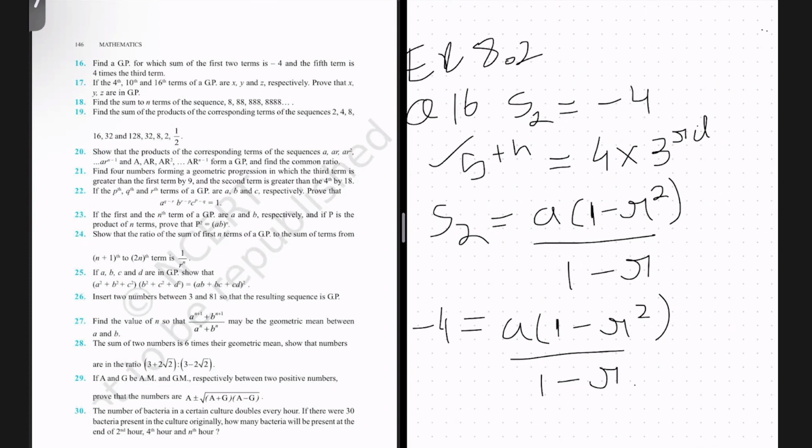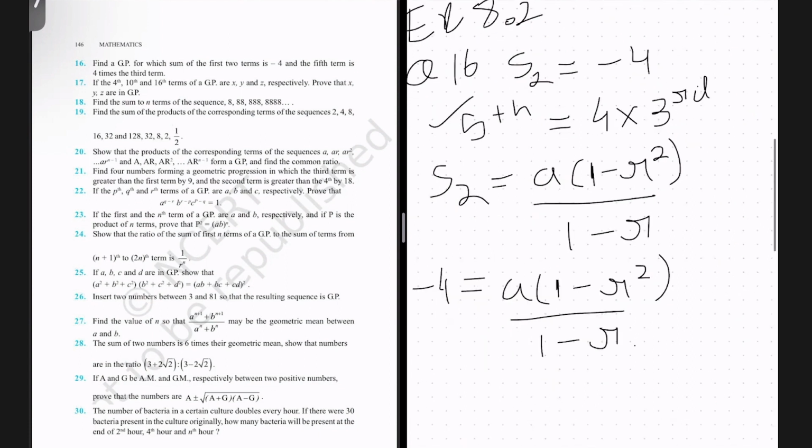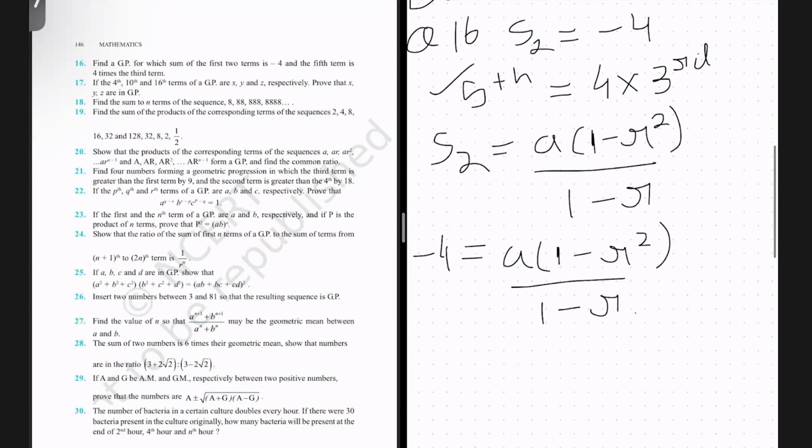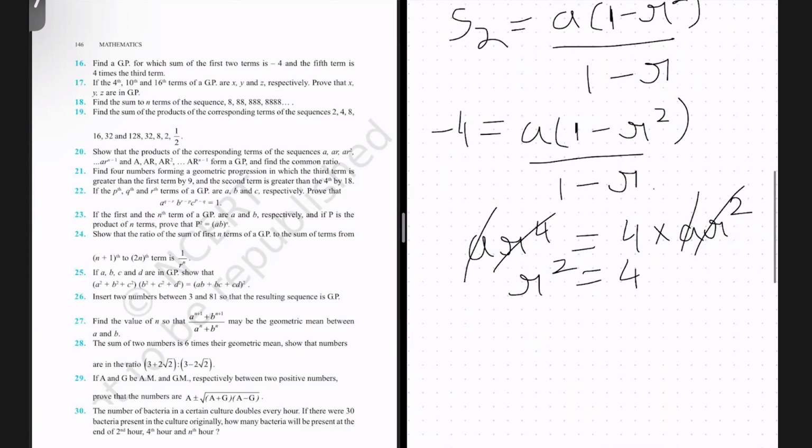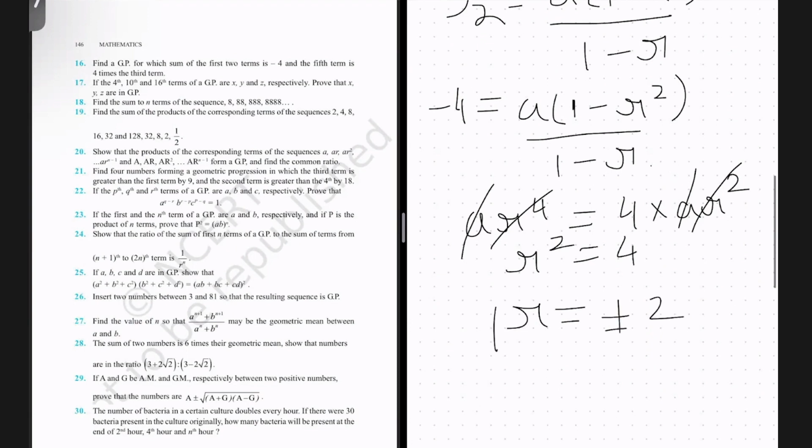You also have this particular equation to solve for. You have the fifth term equal to 4 times the third term. So the fifth term could be denoted by a r raised to the power 4, and this could be written as 4 into a r raised to the power 2, right? So cancelling this out, you get r square equals 4, and when you solve for that, you have r being equal to plus minus 2, right?